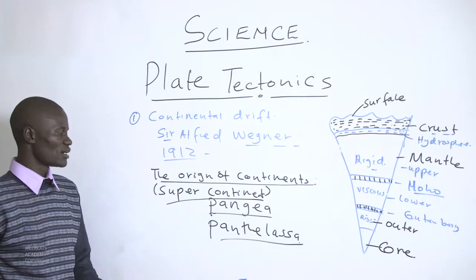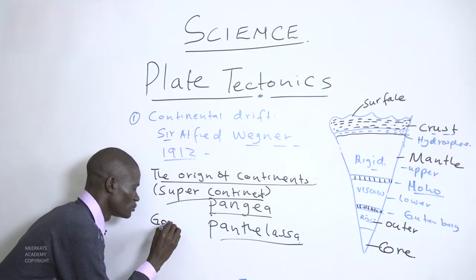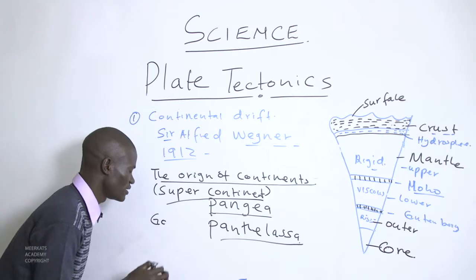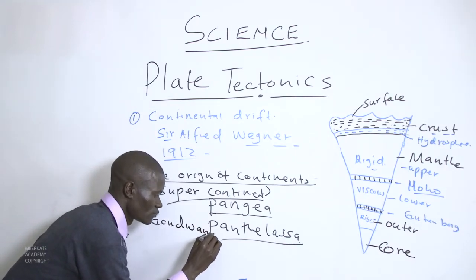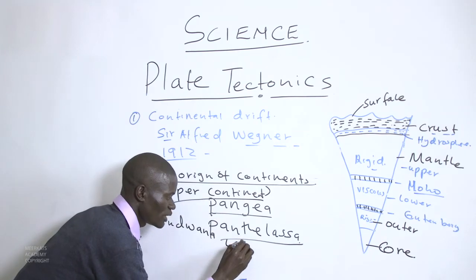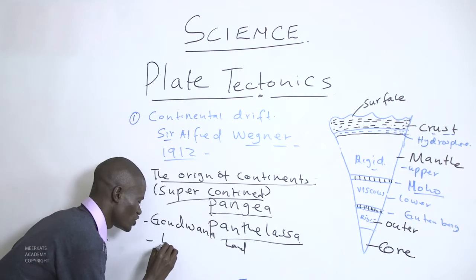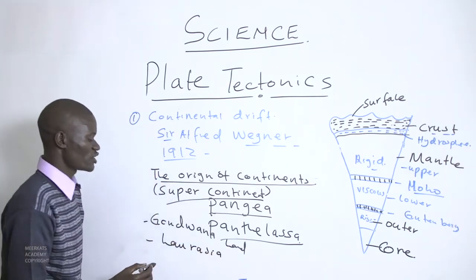One piece was called Gondwana land. The second piece was called the Laurasian shield.